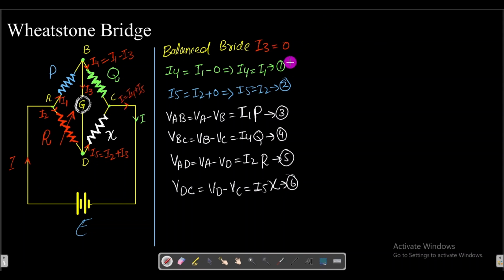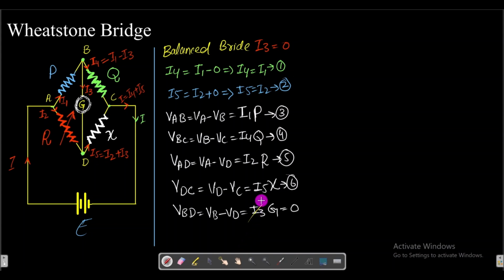Now, as we know, the current I3 is 0. So when the current I3 is 0, the potential difference across B and D is VBD, which is equal to VB minus VD is equal to IR. Here we have the current I3 and the resistance G, and for the balanced bridge this current is 0, therefore the value is 0.